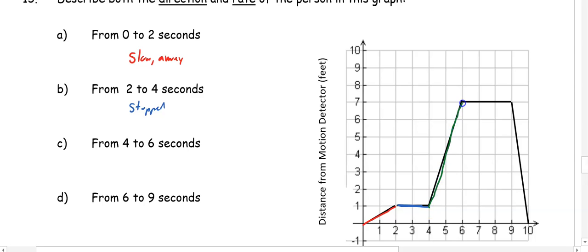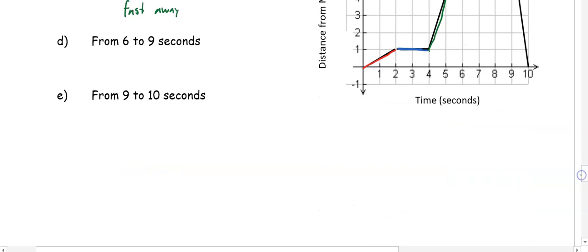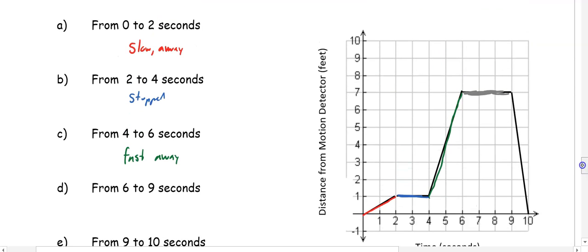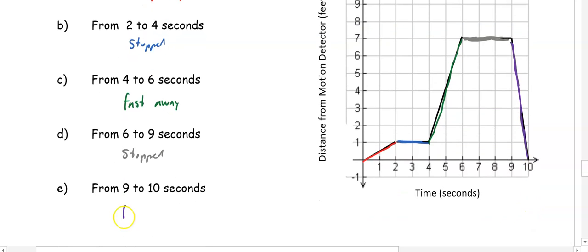From 4 to 6 seconds, they're moving fast away. Then it's flat again, so they are stopped. And then from 9 to 10 seconds, it is going towards, and it's a steep line, so this would be fast and towards.